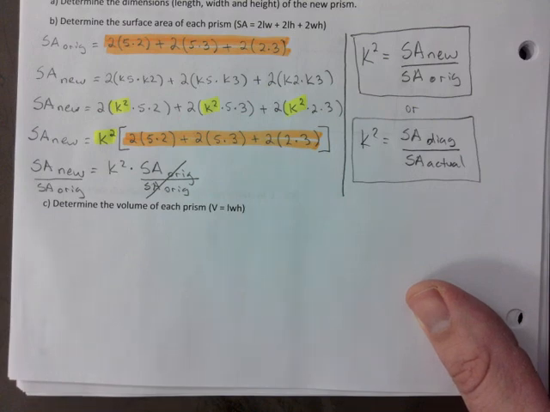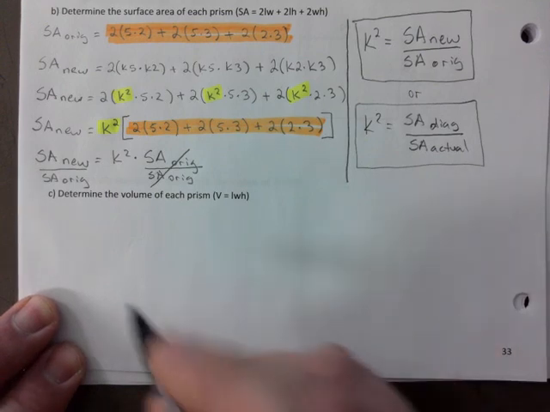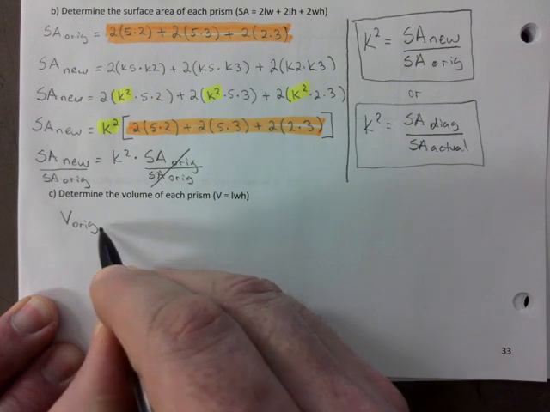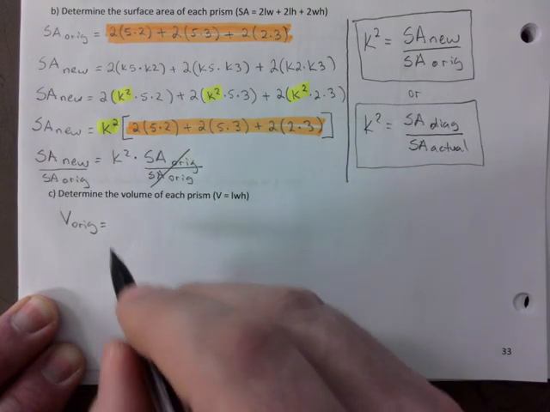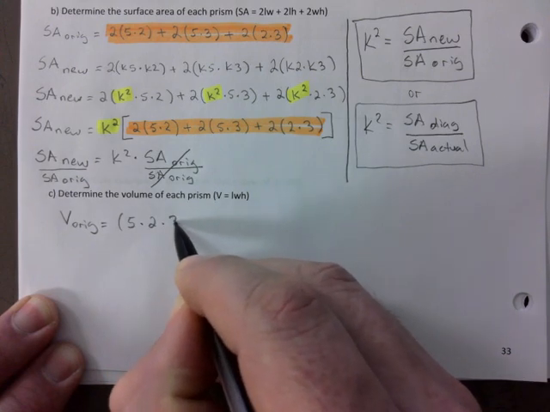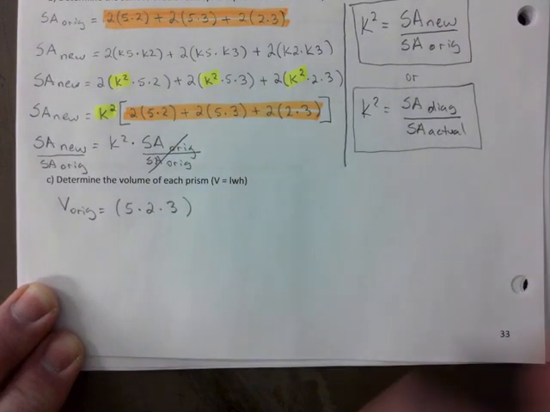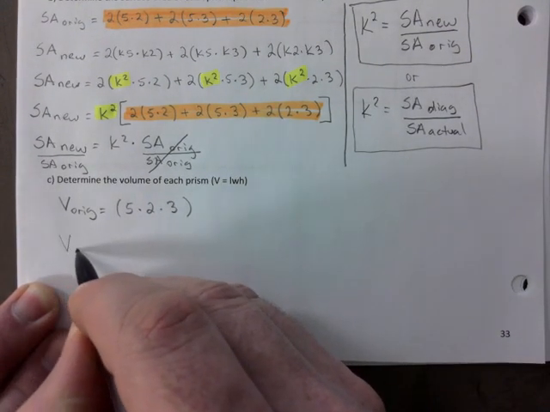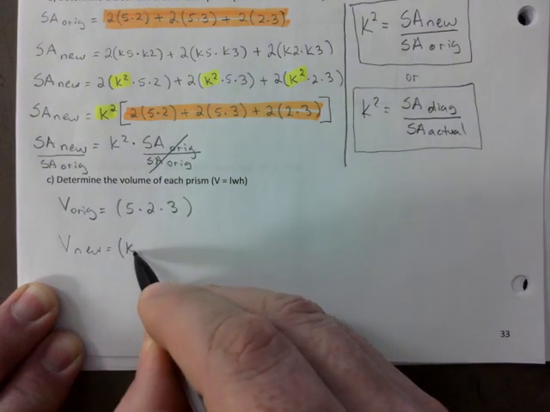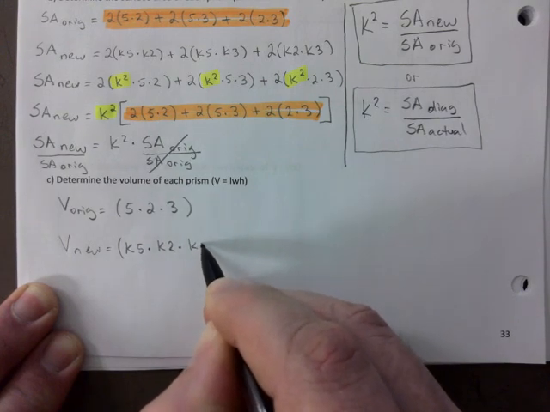Now, let's do volume. Volume is a little faster, a little quicker. We're going to do volume of the original. It's just length times width times height. So it would just be 5 times 2 times 3. Volume of the new one would just be K5 times K2 times K3.